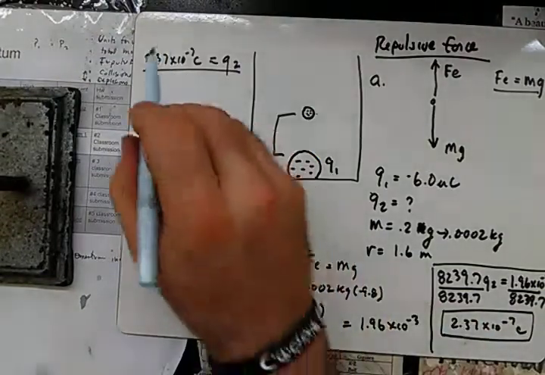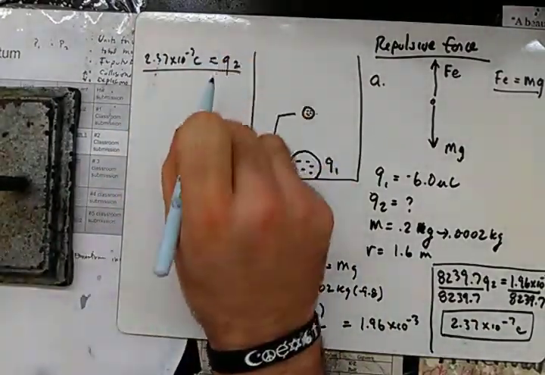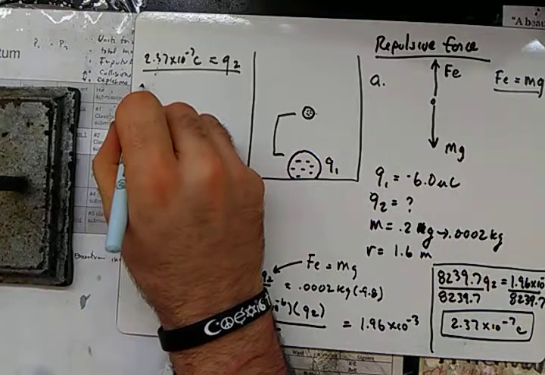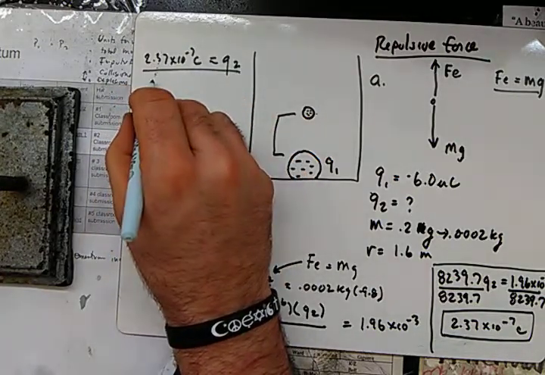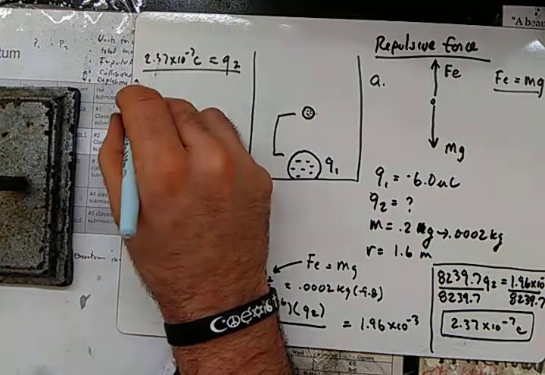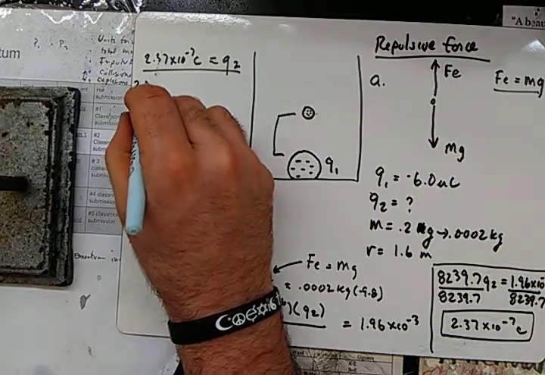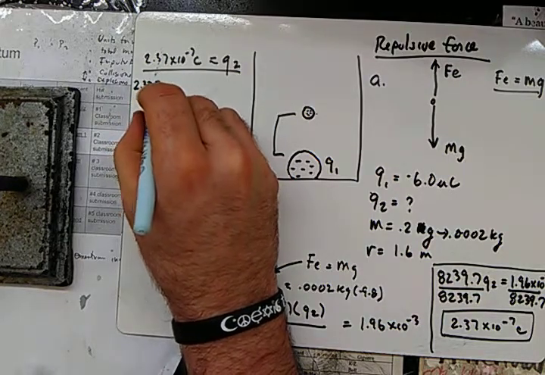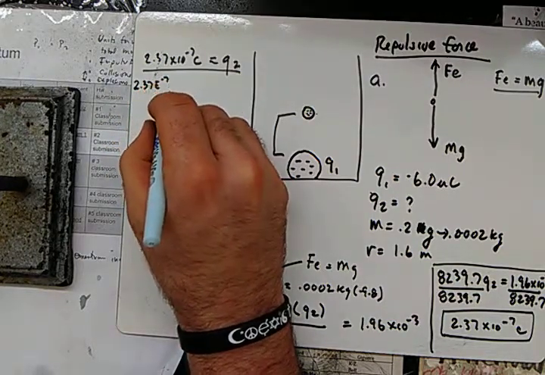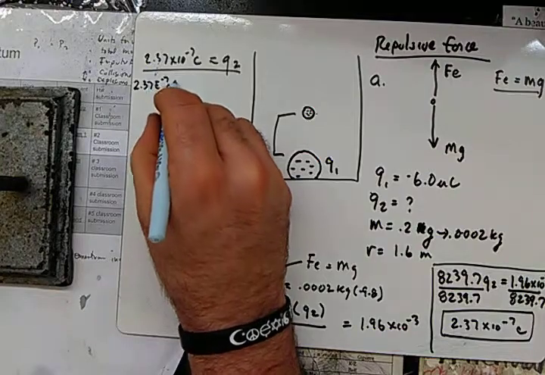All it is here is a simple conversion, going from charge to number of electrons. So I've got my small number, 2.37E negative 7 coulombs.